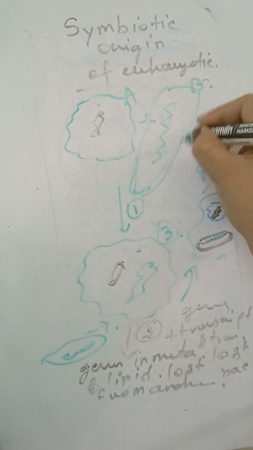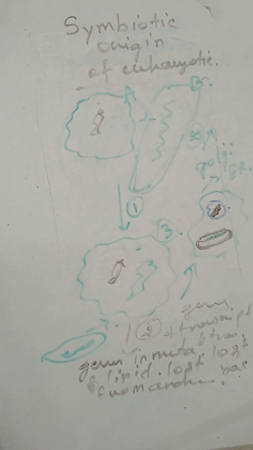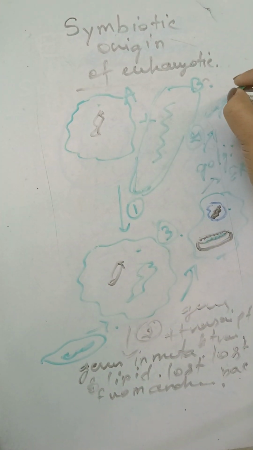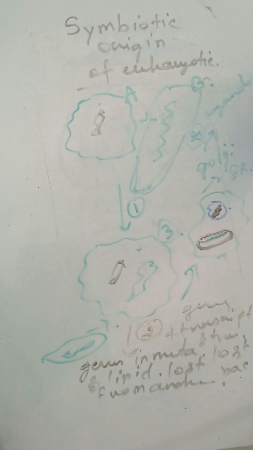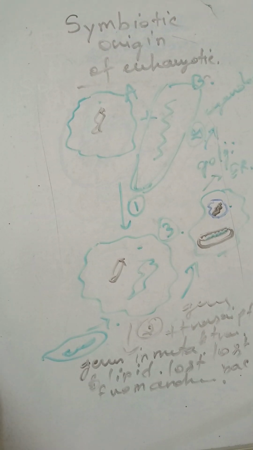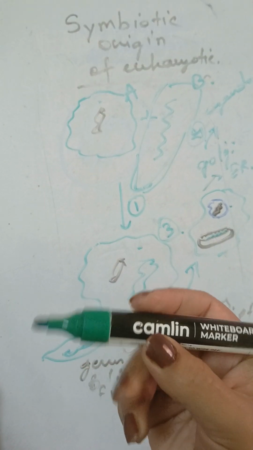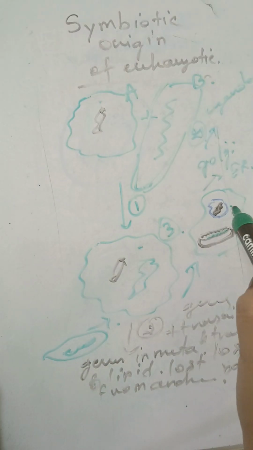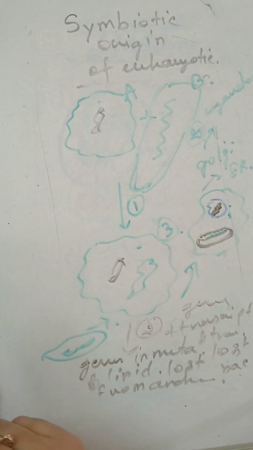After that, a second endosymbiosis occurs. The fourth step is the second endosymbiosis, in which a cyanobacterium, this is totally an optional case, enters or is engulfed by this fused cell.